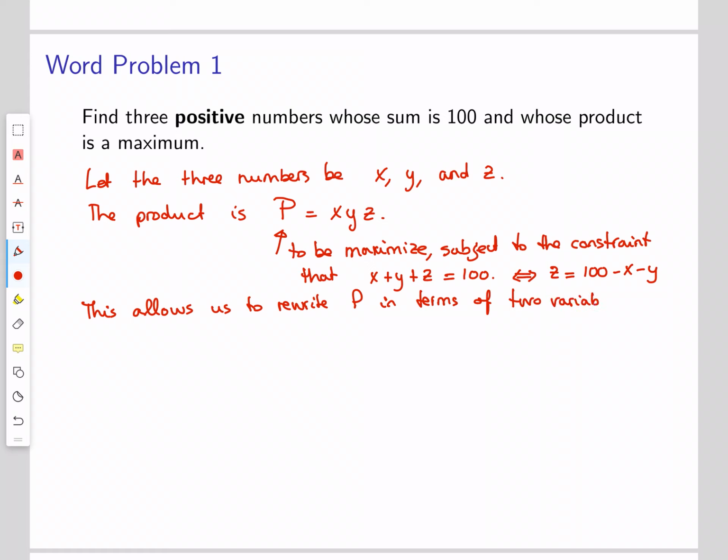I'm going to write it in terms of X and Y just because that makes it more familiar. You could choose to write P in terms of Y and Z and replace X with 100 minus Y minus Z. That's totally fine.